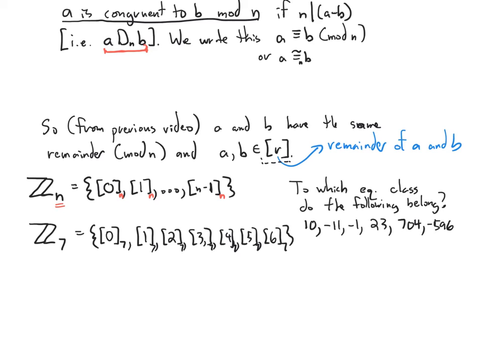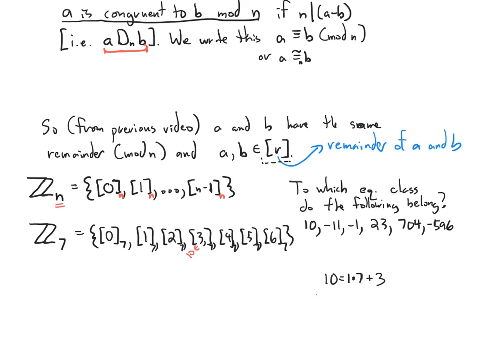So we just need to figure out the remainders of these numbers to determine what equivalence class they're in. That's the key. Okay, so the first one is easy. 10 is 1 times 7 plus 3. So 10 is an element of the equivalence class of 3. This is all numbers that have a remainder of 3.